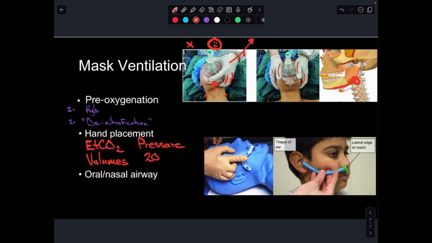I like this technique as well. I feel you're really able to create a nice seal here because your thumbs lie longitudinally along the length of the mask. But theoretically, you could perform a two-handed mask ventilation this way or just by mirroring the single-handed technique.